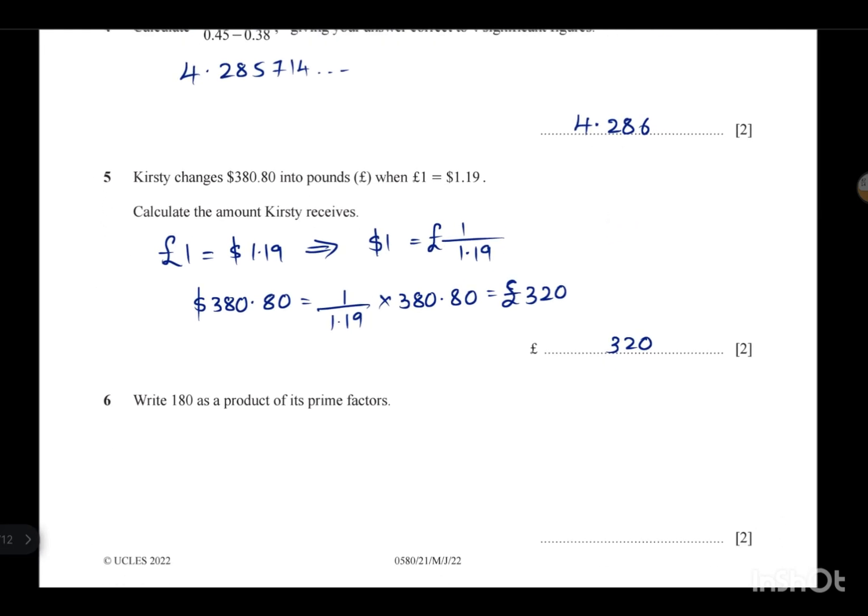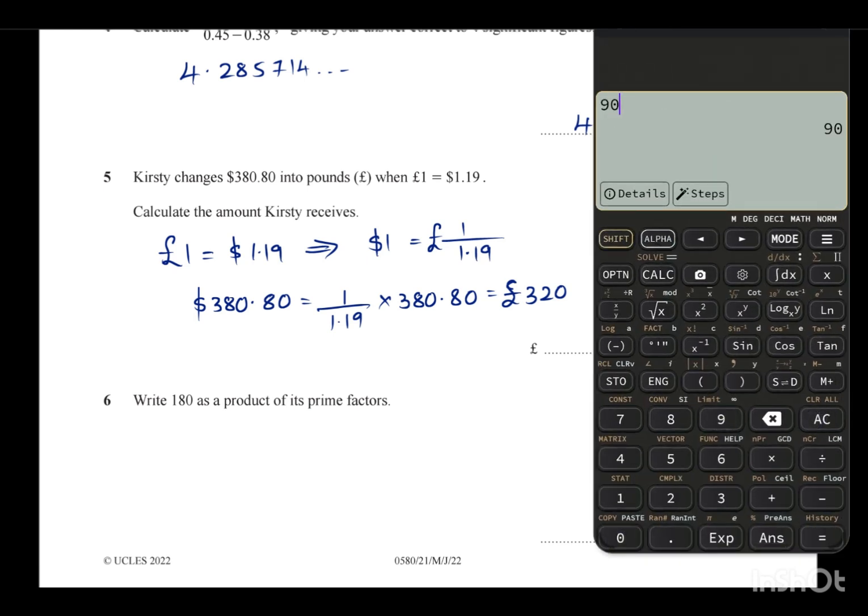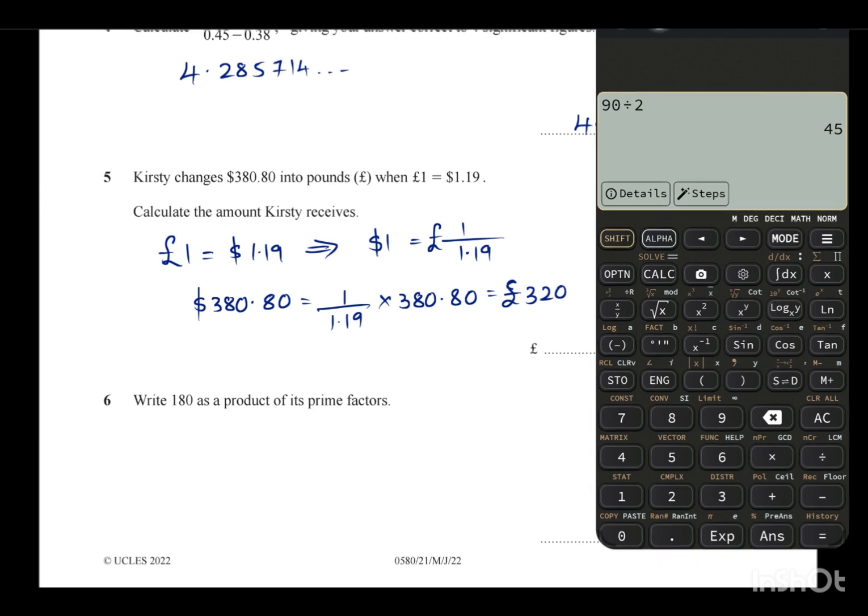Question number 6. Write 180 as a product of 5 prime factors. We need to write this number as product of 5 prime factors. So you can use the tree diagram, you can use this method of factorization. Take prime numbers, 2 nines are 18, 2 twos are 4, 2 fours are 8, 1 is left, 5 are. If you don't know, you can just divide like this, 90 divided by 2, 45.